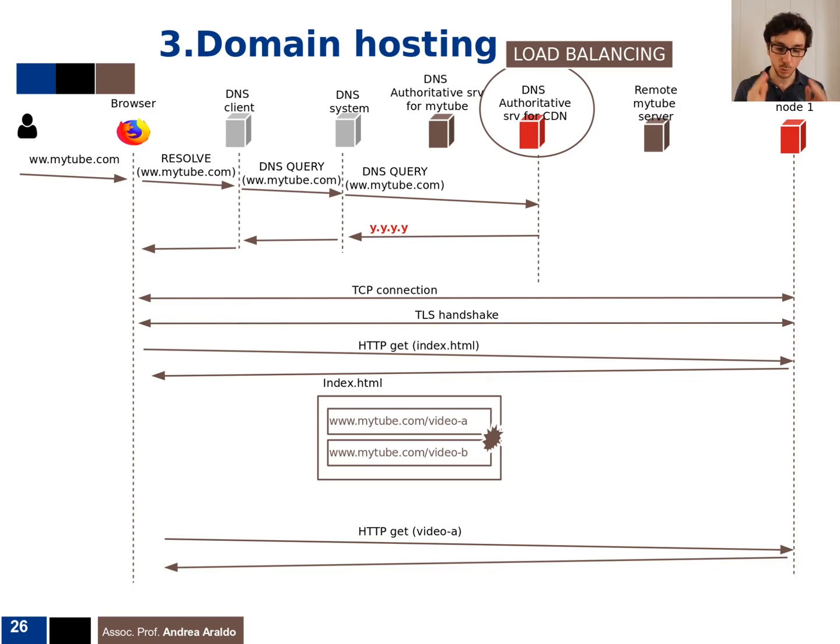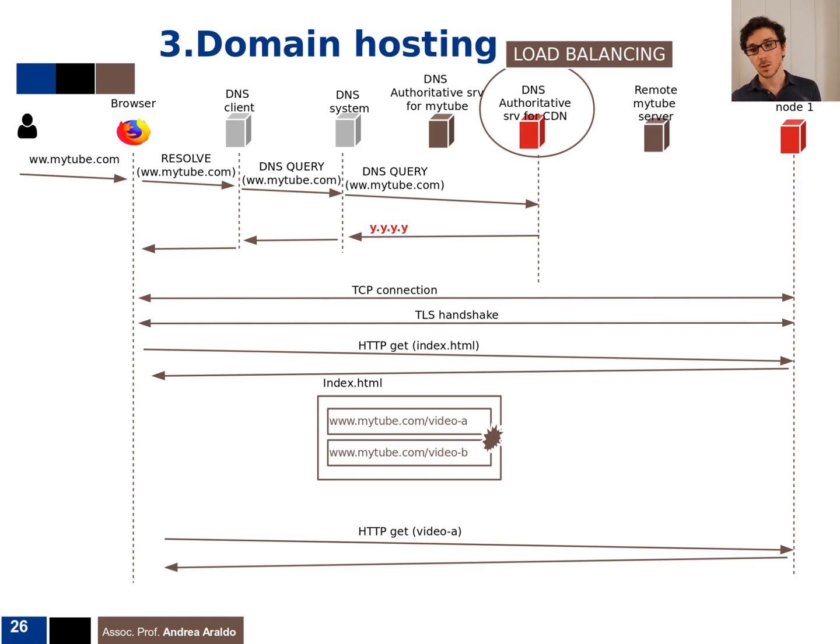This means that when MyTube registered its website to the registrar of .com, instead of communicating its own DNS server address, it provided the IP address of the CDN. So in other words, MyTube called the registrar and said, look, I am a new website, my name is mytube.com, and the IP address of my DNS server is YYYY, which is the IP address of the CDN.